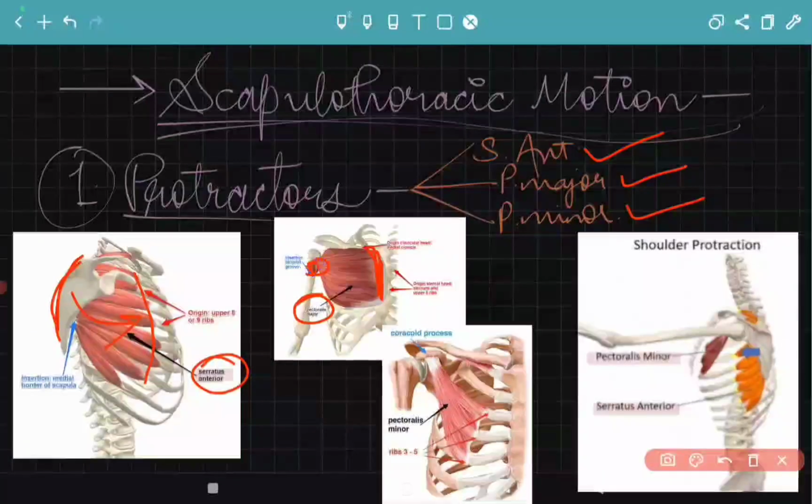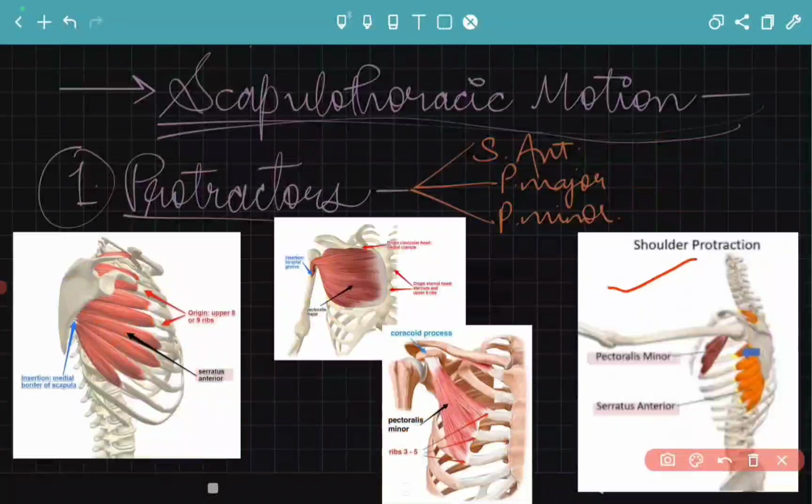The pectoralis minor originates from the 3rd to 5th ribs and inserts at the coracoid process of the scapula, pulling the scapula forwards and causing protraction.